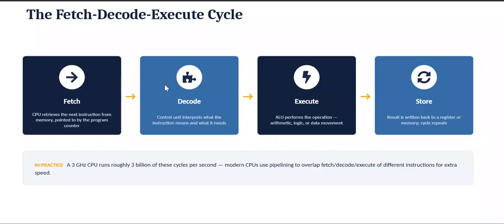Then the arithmetic logic unit, the ALU, performs the operation, so it executes it. The result is written back to a register or memory, so it stores it. So the CPU fetches the instruction, decodes, executes, and then stores.